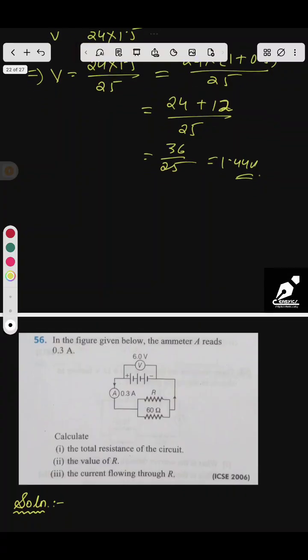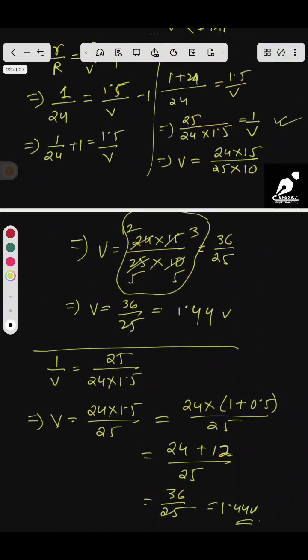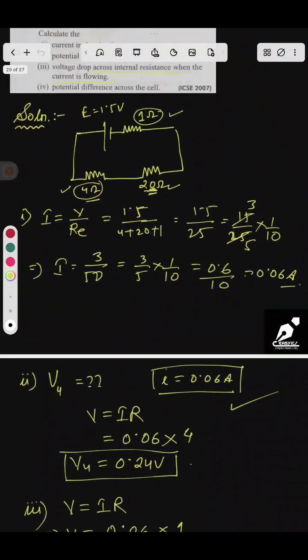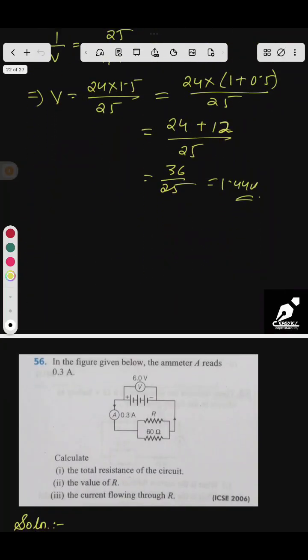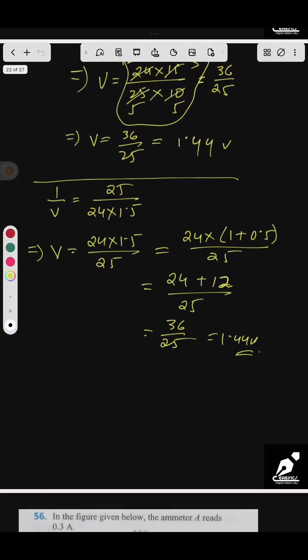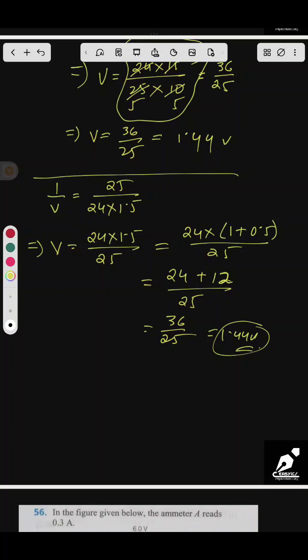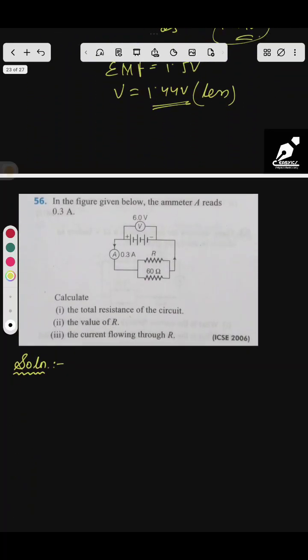Okay, anything remaining? No, I guess not. Potential difference. See, the potential difference again comes at 1.44 volt. EMF was 1.5 volt, and the potential difference came as 1.44 volt. This is less, right? Okay.